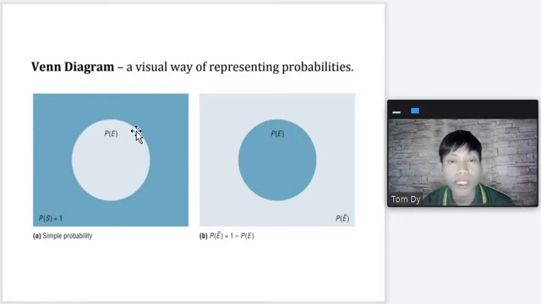So this one represents the probability of a certain object. Now this one, if you look here, P of E and then P bar of E. When we find the value of P bar E, that is equivalent to 1 minus the probability of E. So this is just a representation of a Venn diagram.